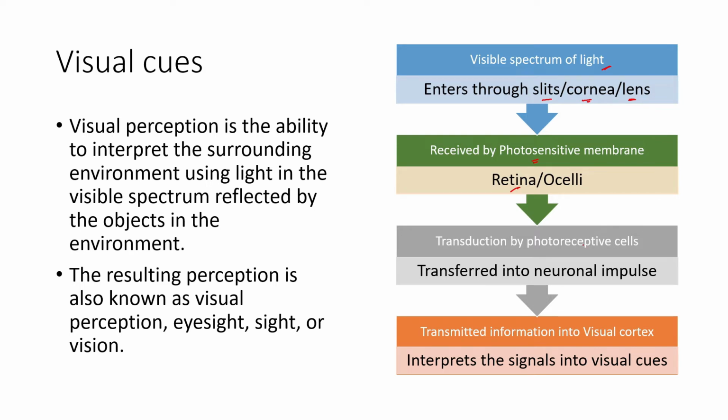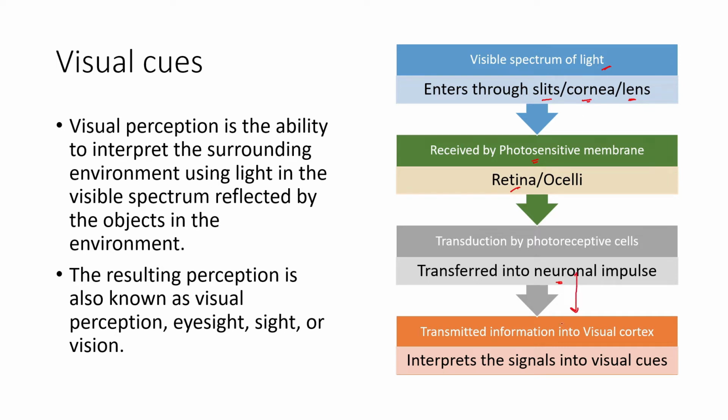by photoreceptive cells. In our body, we have rod and cone cells. Similarly, in different organisms, there are different kinds of rhodopsins and different kinds of proteins in the photoreceptive cells. These proteins or cells convert the light energy into a chemical signal or neural impulse, which is transferred through the nerve cells and transmitted to the visual cortex.